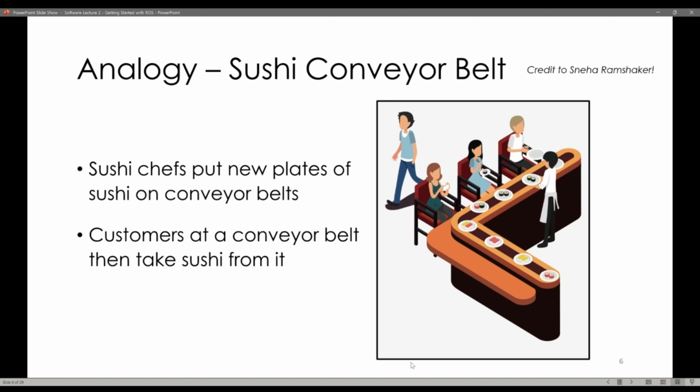To help illustrate these concepts, we're going to go through a quick analogy. Imagine a sushi conveyor belt in one of those sushi bars. Sushi chefs put out new plates of sushi onto the conveyor belt, while customers sitting at the conveyor belt can take sushi from it.